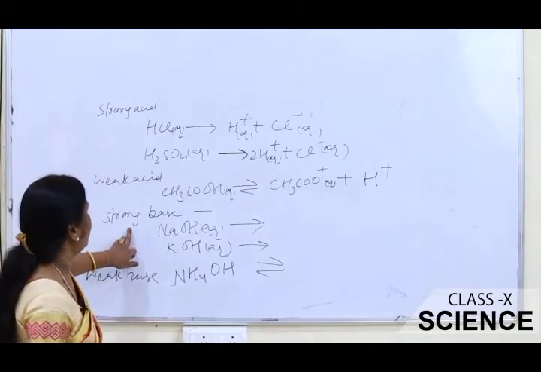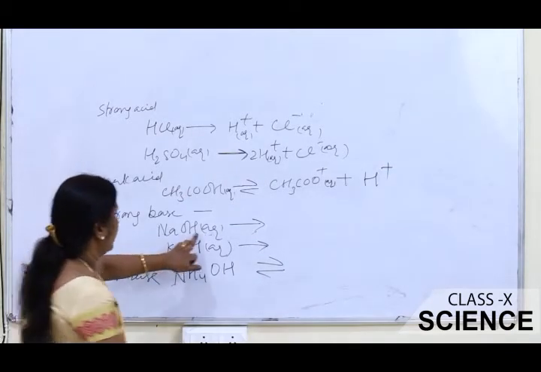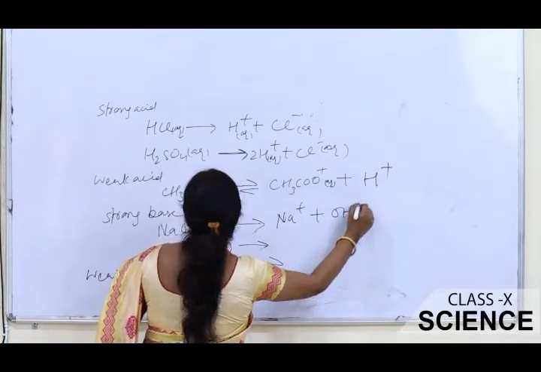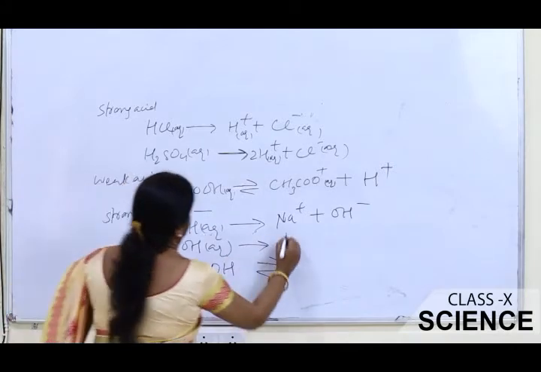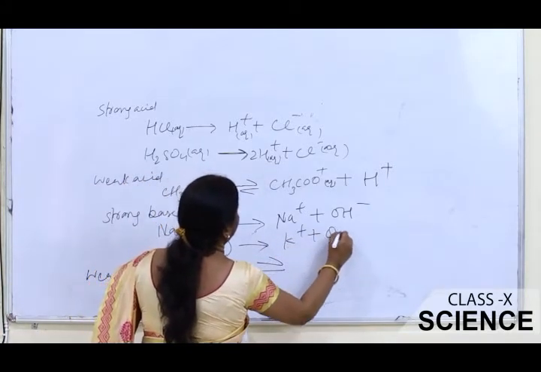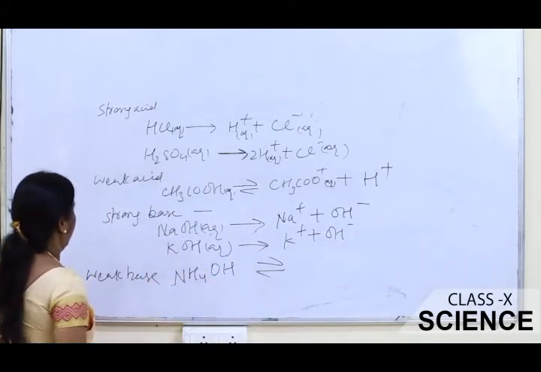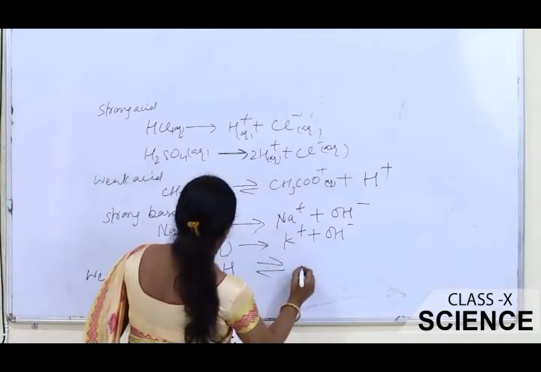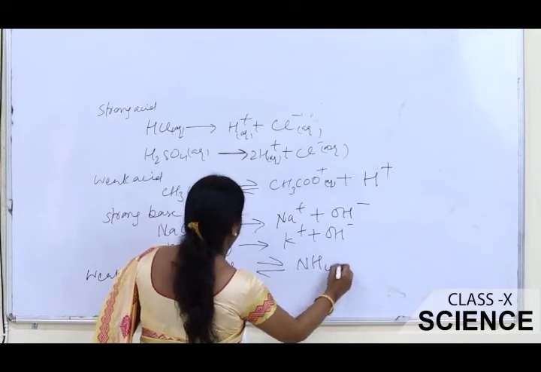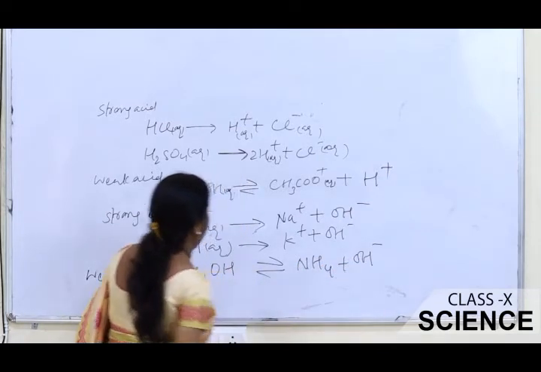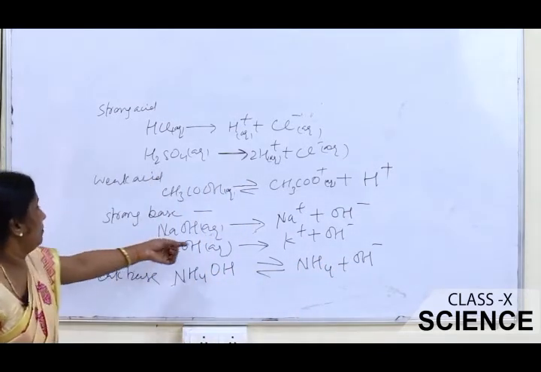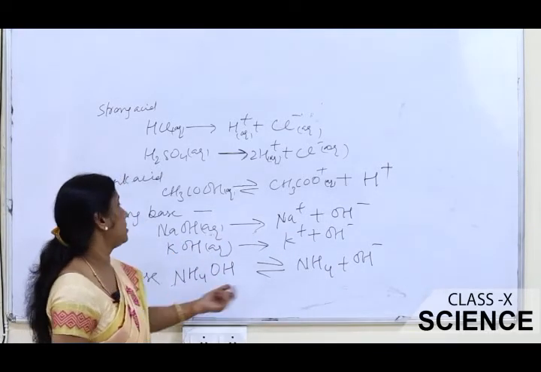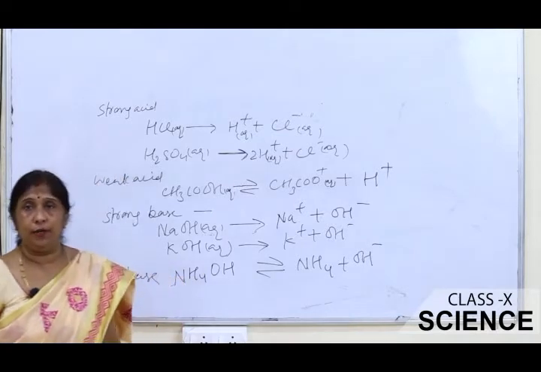Now in case of a strong base, NaOH will get dissociated into Na plus OH minus ions, and here K plus OH minus ions, right. Now in case of a weak base, NH4OH gives NH4 plus OH minus ions. See here the strong base is represented by a single arrow in the forward direction, and the weak base is denoted by the double arrow, right.